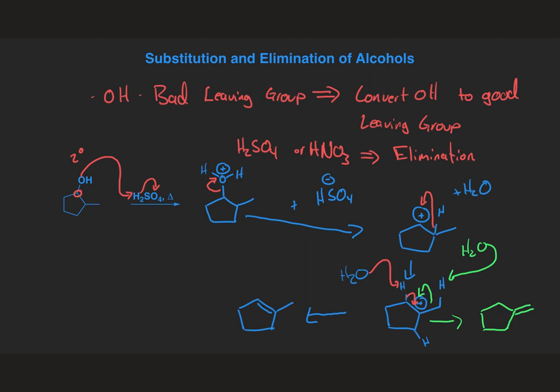However, this product is the major product because it is the most substituted alkene. So this alkene has 1, 2, 3 alkyl groups coming off of it. This alkene has 1, 2 groups. The more substituted the alkene, the more stable it is. And so the major product is going to be the most substituted alkene.